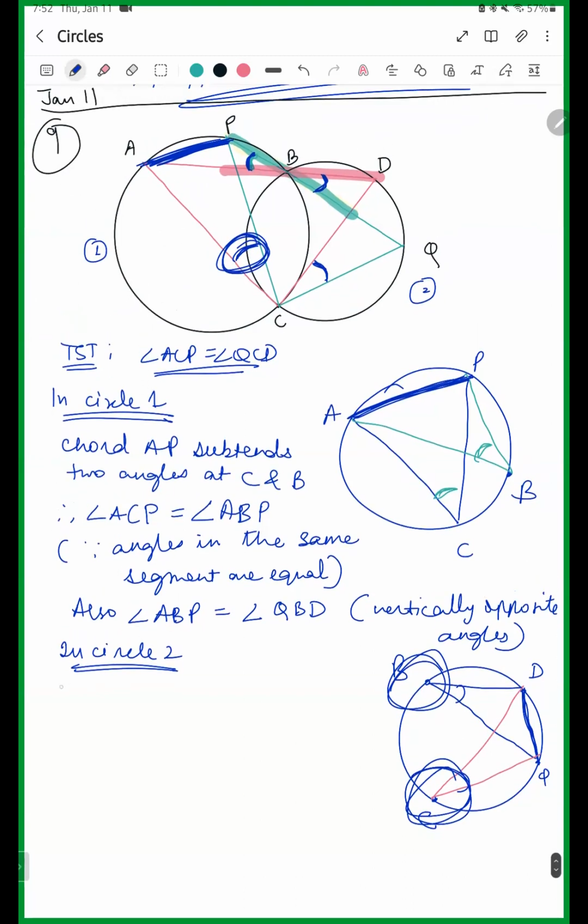So in circle 2, the angle at B, what is that called? Angle DBQ or QBD, angle QBD. Let's name this equation 1, let's name this equation 2.